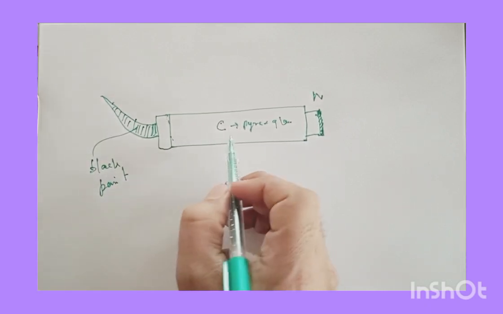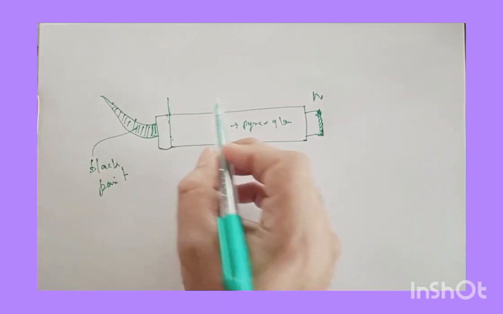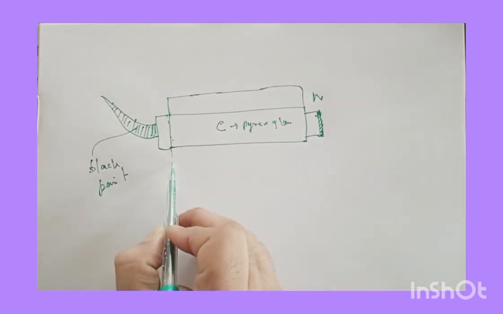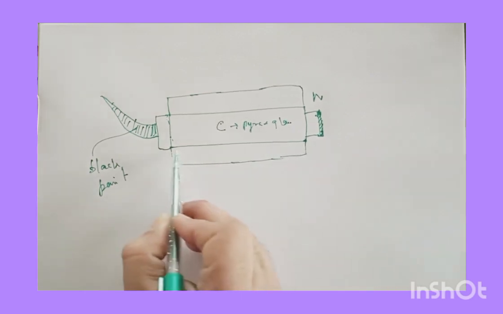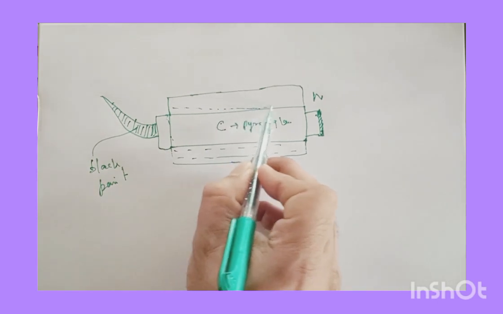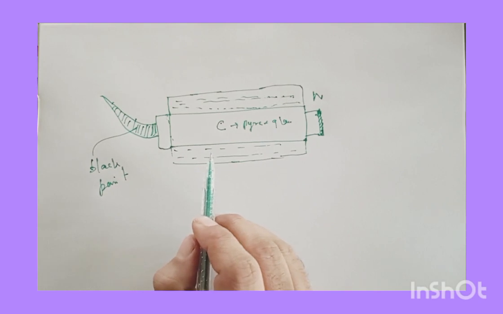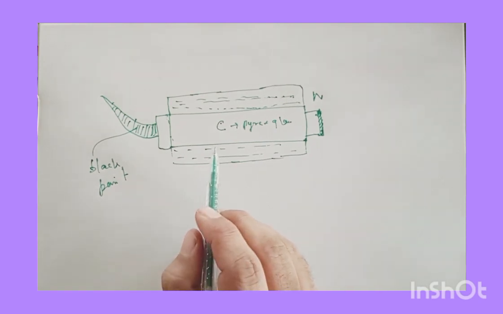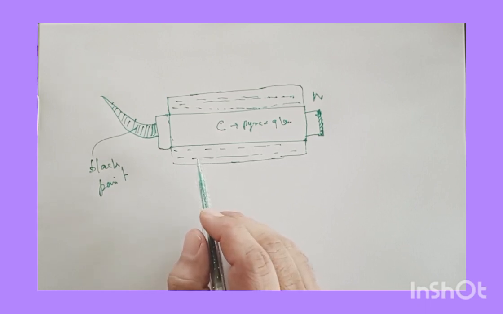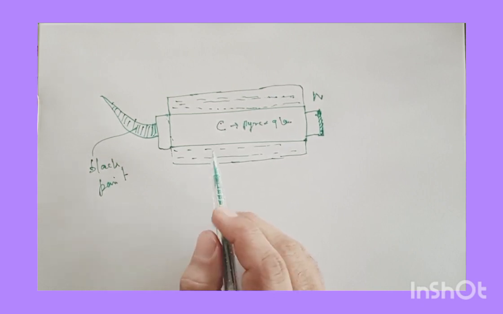This tube C is placed in a water jacket that can absorb the overheating. What else we have is a mercury arc lamp and a glass.